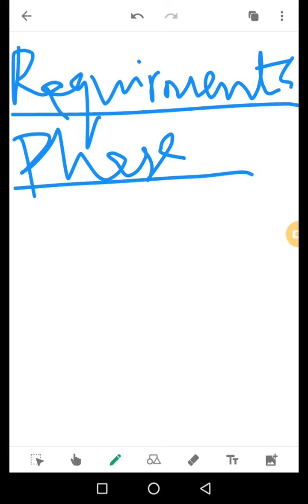Then data structure. So when we say structure, that is representation of the logical relationship among individual data. That is how the relationship will be represented logically among individual data elements.